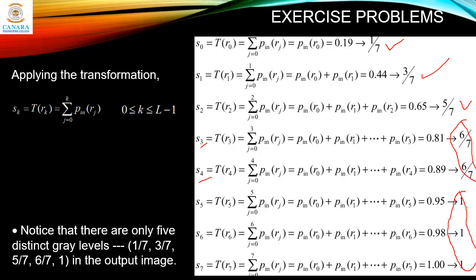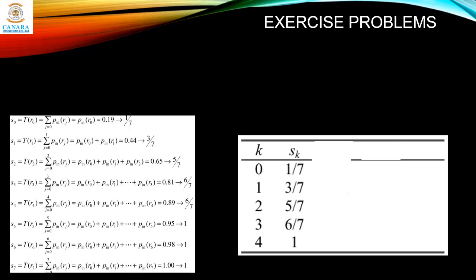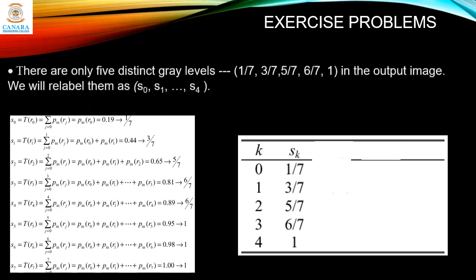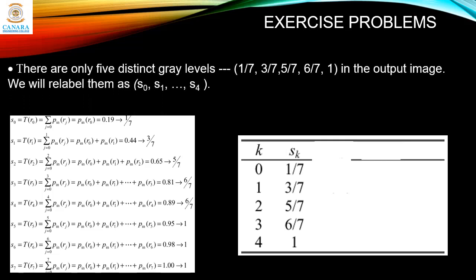So S5, S6 and S7 map to 1. So we have 1, 2, 3, 4, 5 levels in the output image. So there are only 5 distinct gray levels in the output image. So this is what we obtained from the transformation after equalization.